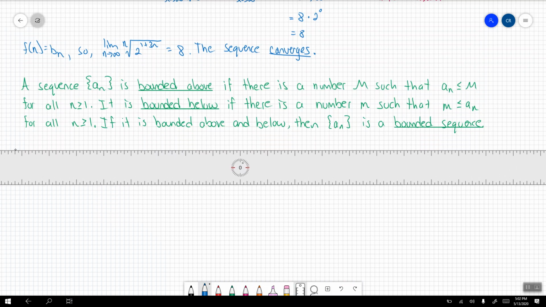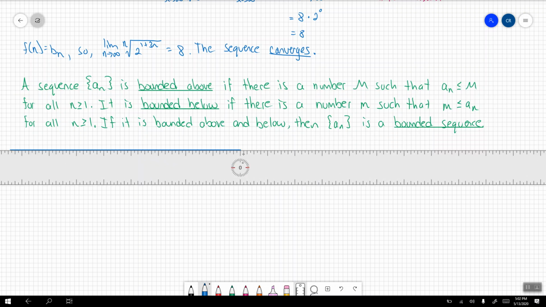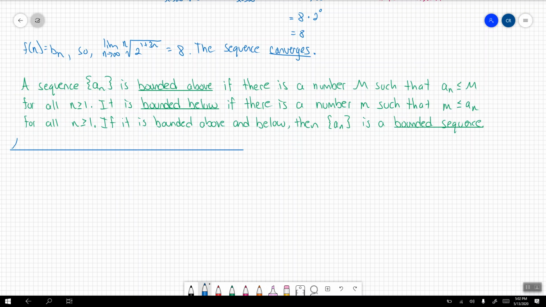Now this theorem is actually really nice. This is your Monotonic Sequence theorem.